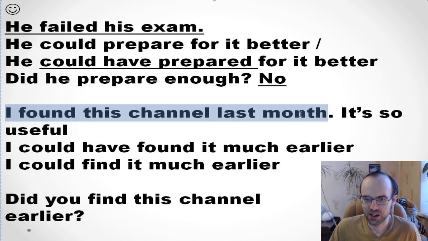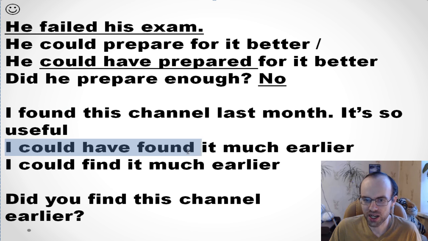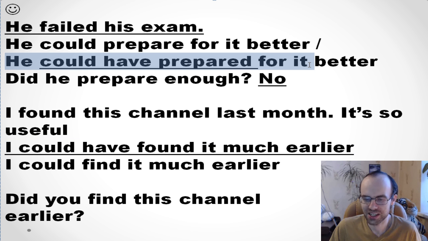So we see I found the channel last month, so it isn't possible. And if it isn't possible, so I could have found it much earlier. It means that it was a good idea for me to find it much earlier, but I didn't do it. And if you look at this situation, it's the same thing.